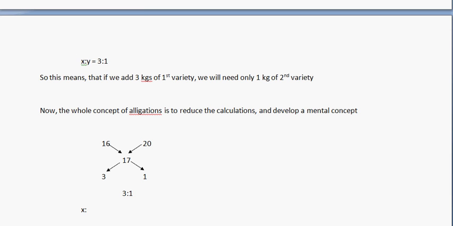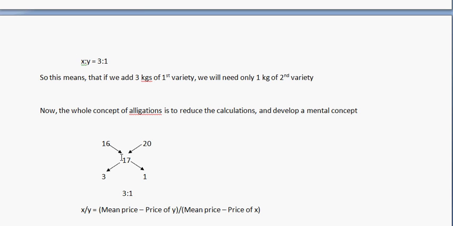So the ratio x by y would become mean price minus the absolute of the price of y. We have to take the absolute value even if it is negative, divided by mean price minus price of x.